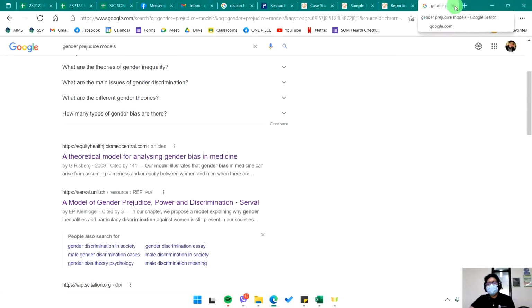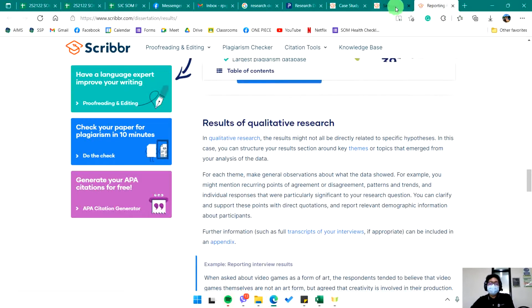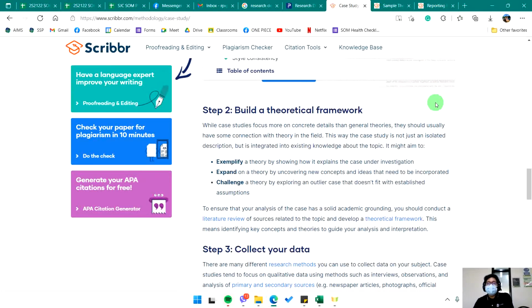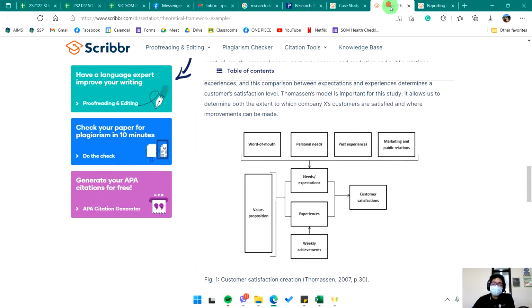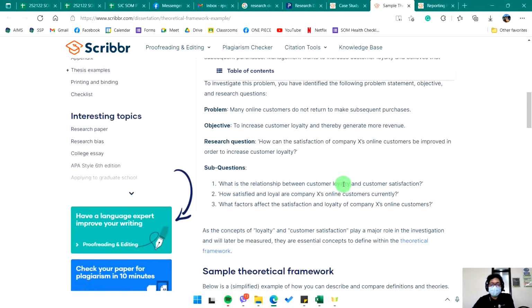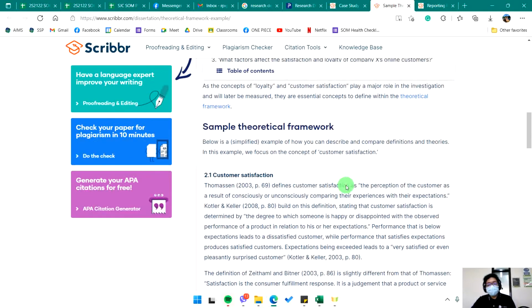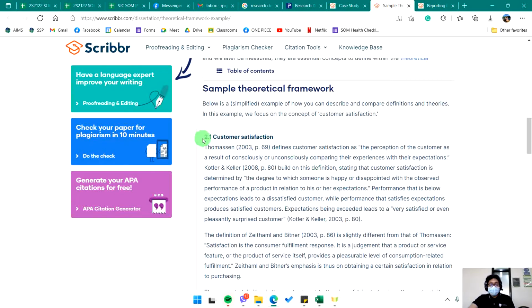And I've already explained to each and every one of you yung reason behind why we look for a theoretical framework. This is to help us better analyze or interpret the data that we will be gathering. So for example, sample of theoretical frameworks. Ito, the problem that they have is customer satisfaction. So kailangan niya ngayon maghanap ng related articles or related literature about customer satisfaction since yun nga yung parang pinaka-underlying problem.